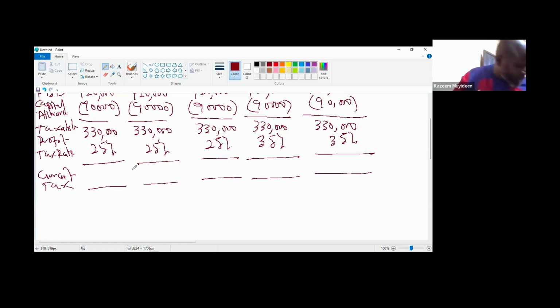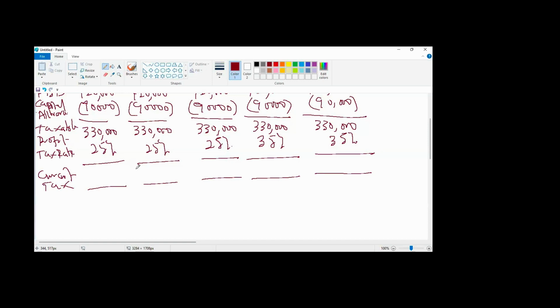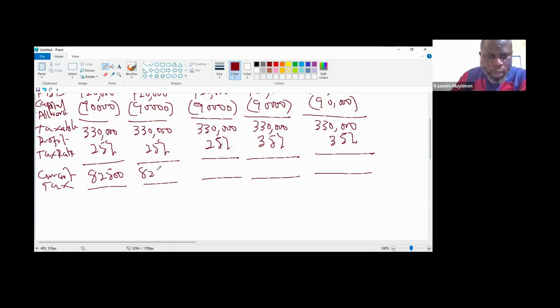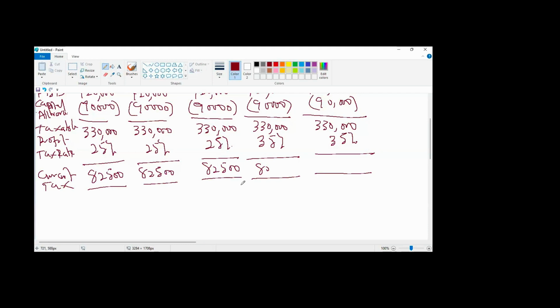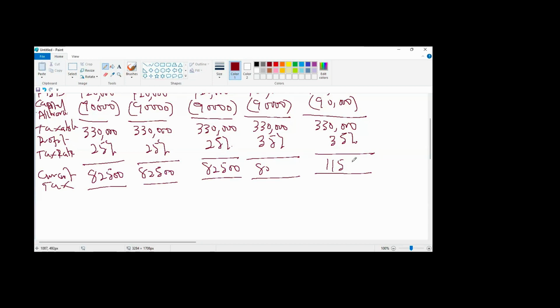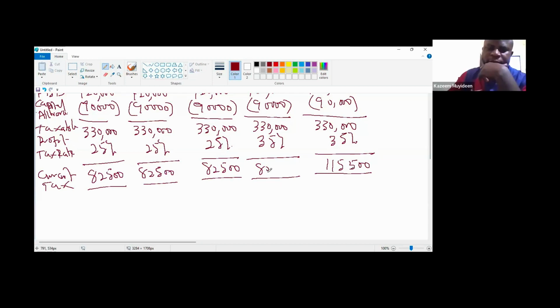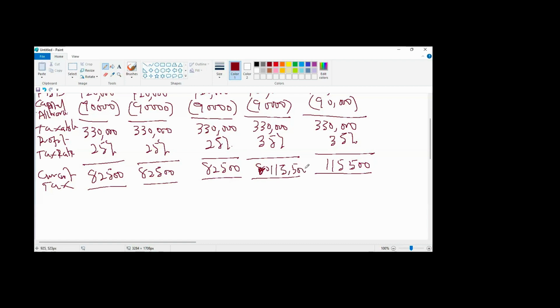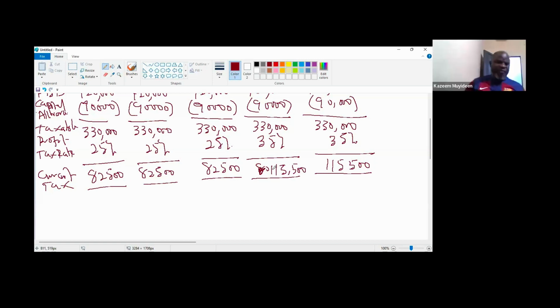How much is the current tax? 330,000 at 35% is 115,500. That is the first requirement.